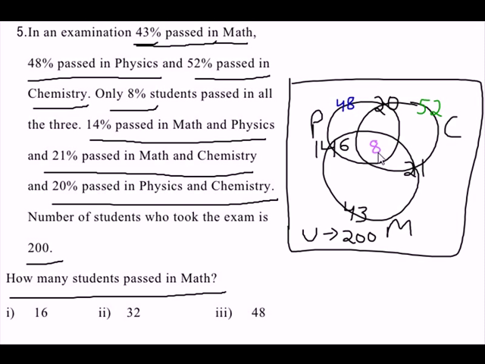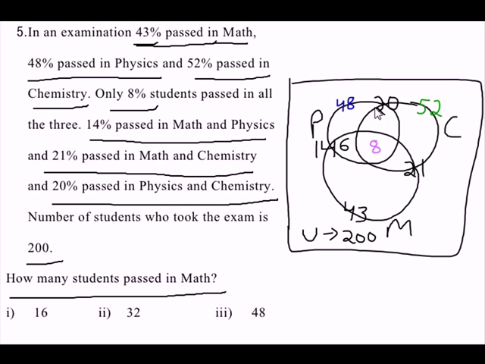So now we know that 8% students passed in physics, chemistry and math, and 20 passed in physics and chemistry. So how many students passed only in physics and chemistry and not maths? That would be 20 minus 8, like we did for physics and maths earlier.